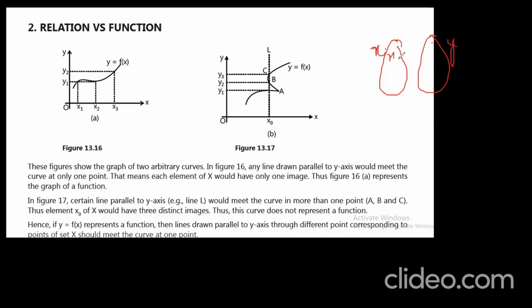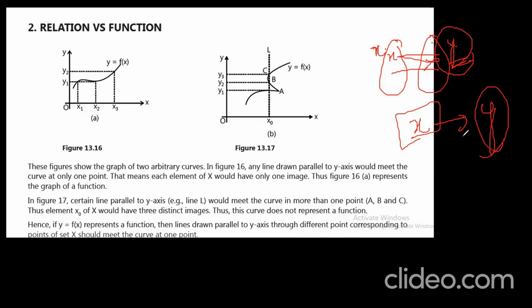So every x coordinate has a unique y element. It should not have two y elements. For each x coordinate, if you have one y coordinate, then you can say that it is a function. If it is not like that, then it is not a function.